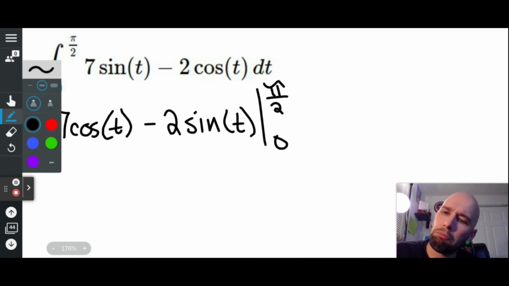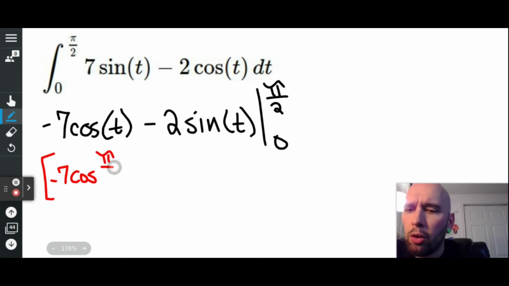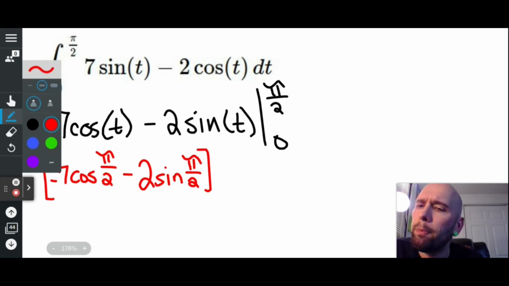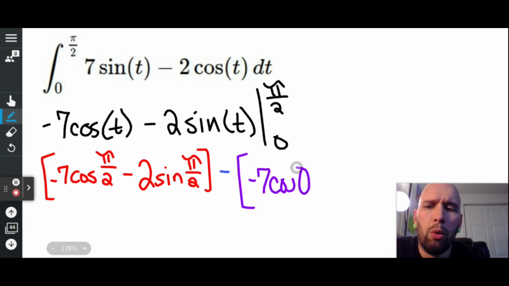Nothing crazy yet. So I've got negative 7 cos pi over 2 minus 2 sine pi over 2, close it, minus negative 7 cos 0 minus 2 sine 0.